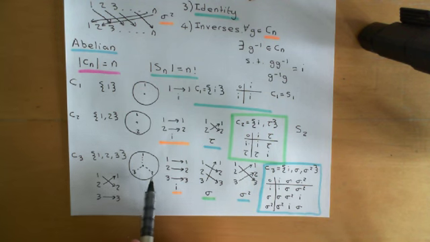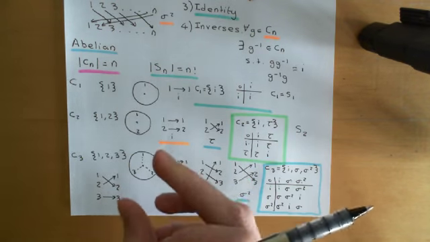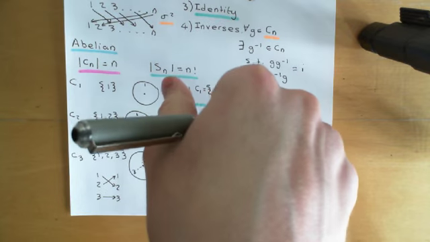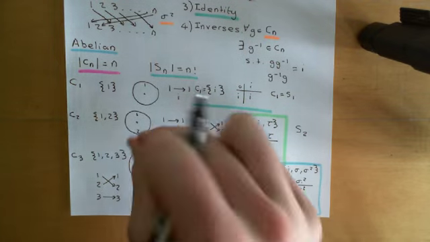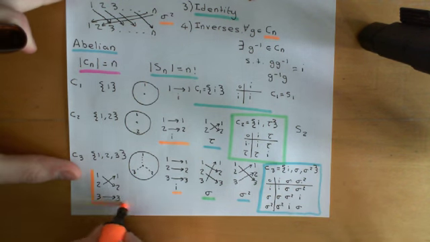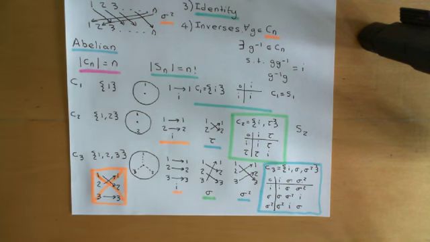You cannot swap 1 and 2 and hold 3 constant by rotating this disk. There's no way of doing that, not without breaking the nail and flipping the disk over, and you're not allowed to do that. You're only allowed to rotate the disk. So you simply cannot get this permutation in this way. So that is not within C3 basically, but it is in S3.